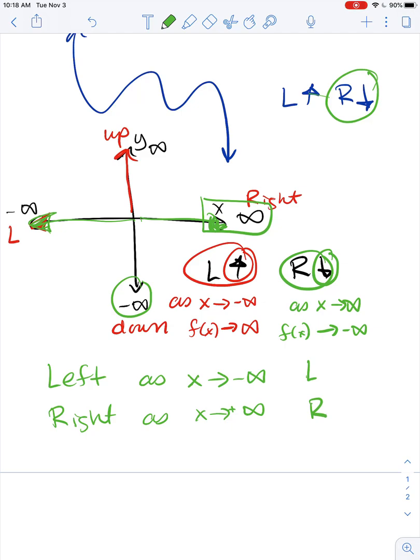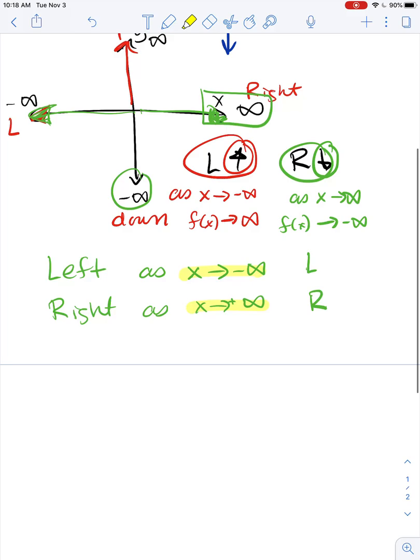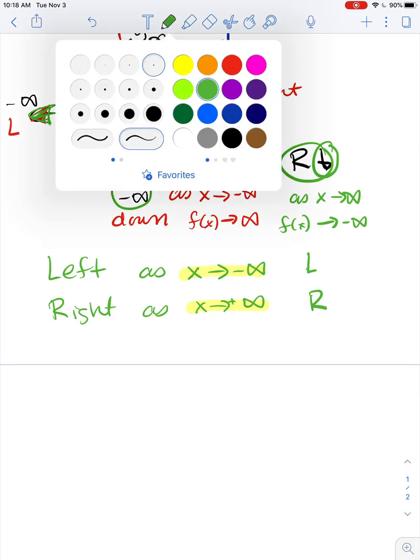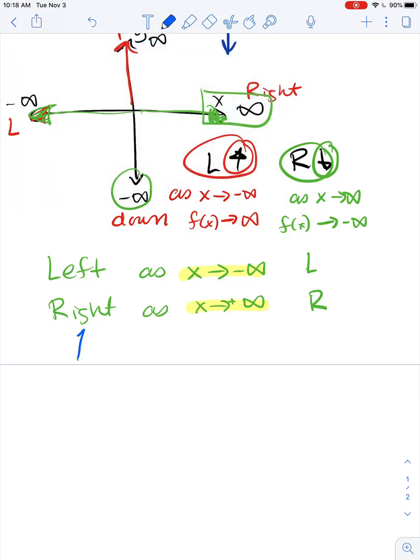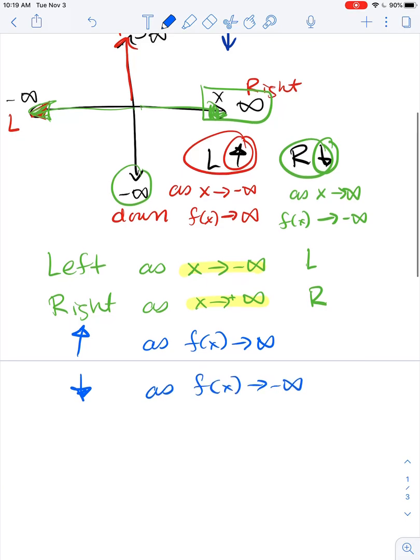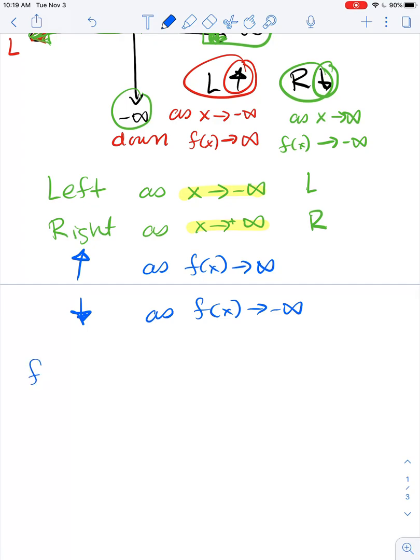So when you want to talk about left or right, it's going to look like this instead. Then the second part, when you want to talk about up or down, if you're trying to say up, it's going to read as f of x goes to infinity, because that is up. And if you want to write down, you would write as f of x goes to negative infinity.